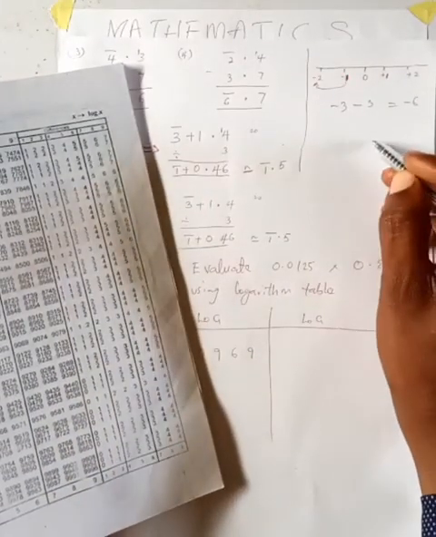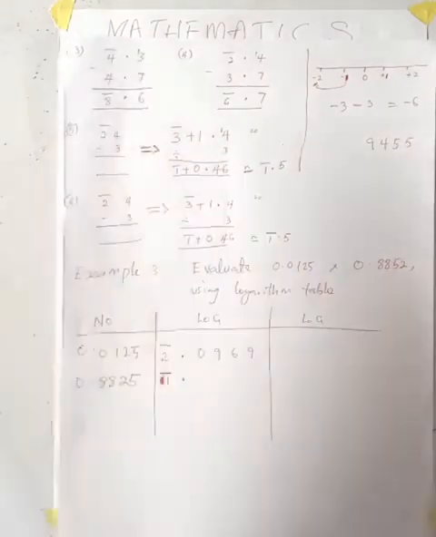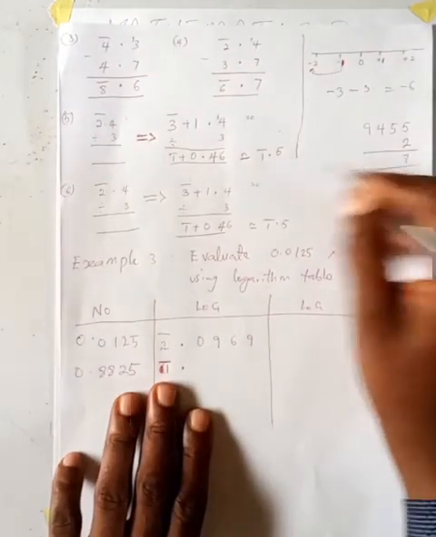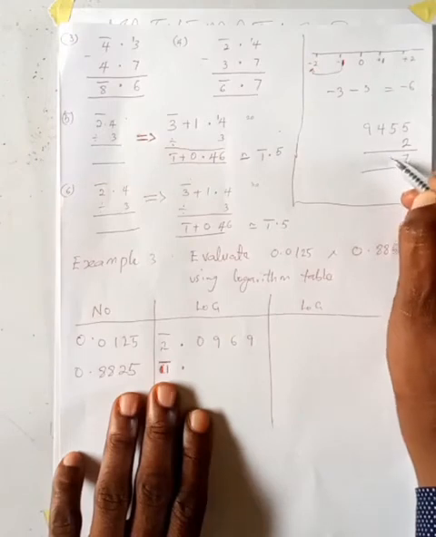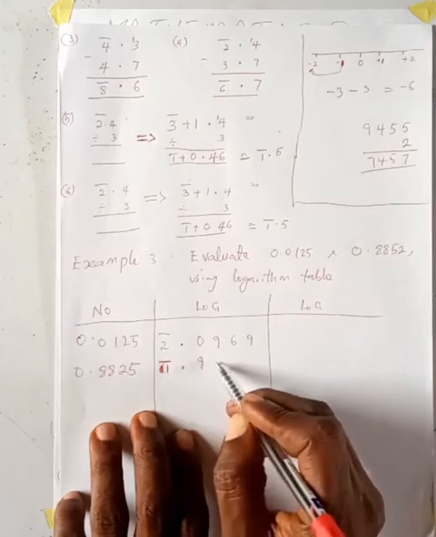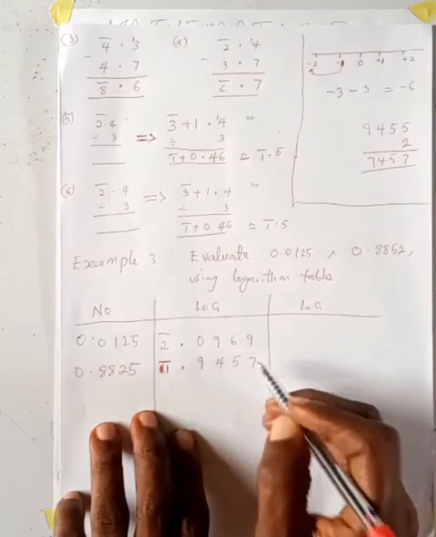By my table, 88 under 2 is 9455. Let me have that here, 9455. 88 under 2 with the difference of 5 is 1, 2, 3, 4, 5. That one is 2 as well. So I will place my 2 here. When added, I have 7, 5, 4, and 9. So that's going to be 9, 4, 5, 7.